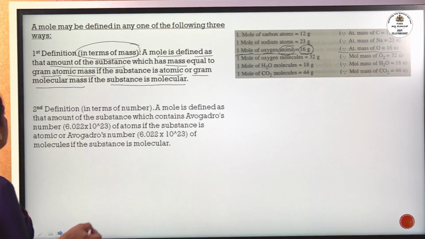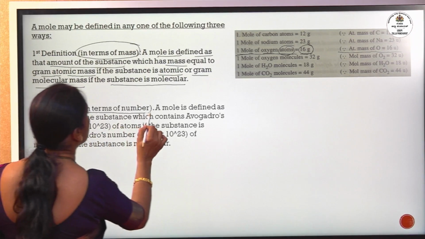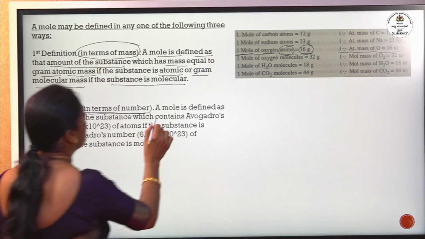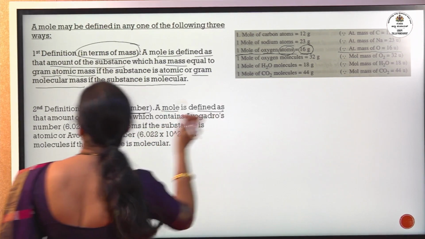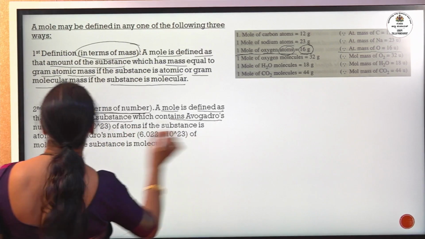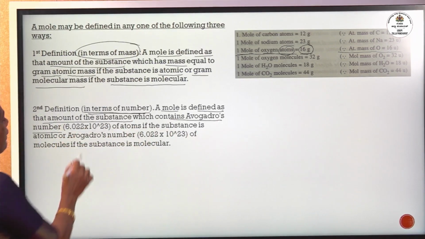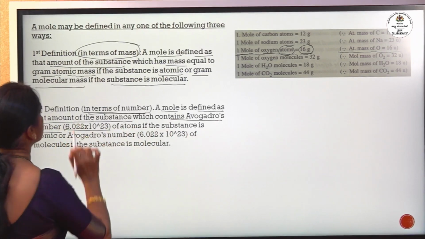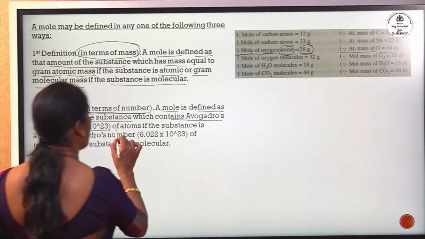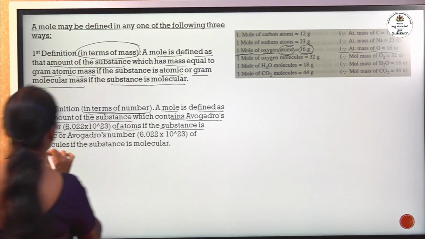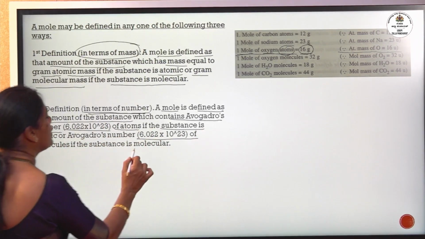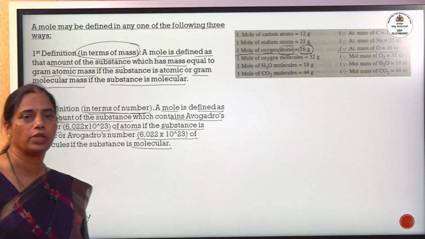One more definition, in terms of number. Mole can be explained in terms of number. A mole is defined as the amount of the substance which contains Avogadro number. Avogadro number is 6.022 into 10 to the power 23 atoms if the substance is atomic, or this many molecules if the substance is molecular.